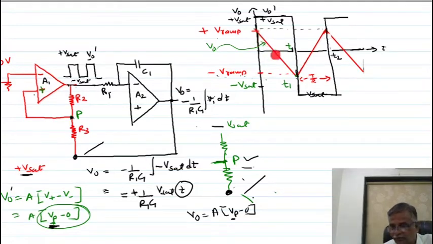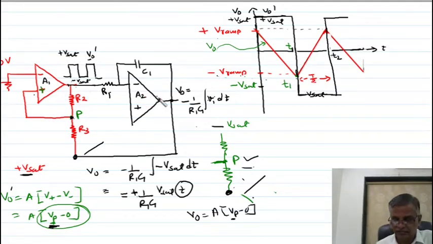The amplitude of the triangle wave depends upon the time constant and the amplitude of the square wave. We have already seen initially how you can change the amplitude of a square wave. In this way you get a triangle wave generated at the output of A2.